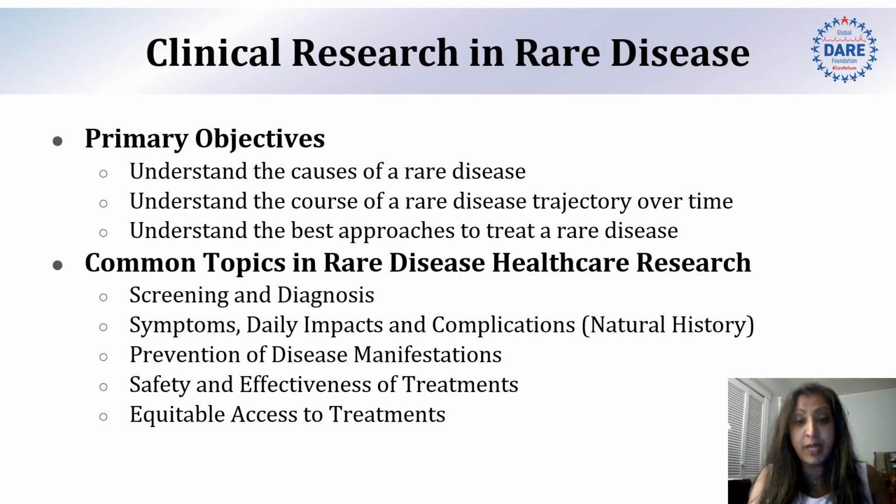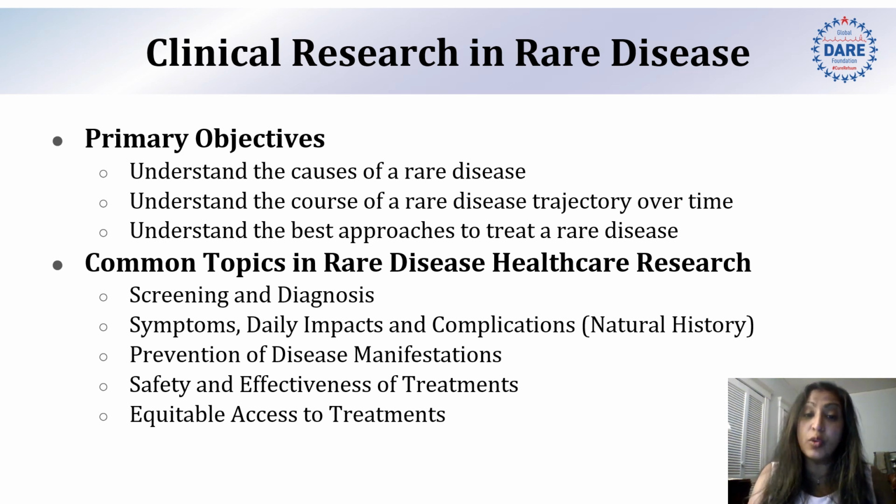This new information collected during the research process is referred to as data. This data is then summarized and interpreted within the context of the research question and other existing data. So when we're talking about clinical research, this is referring to any scientific research study that involves human participants as part of the data collection process.